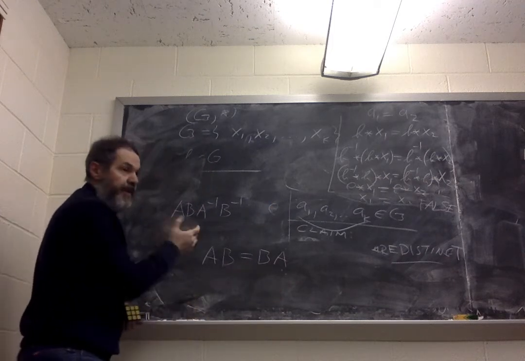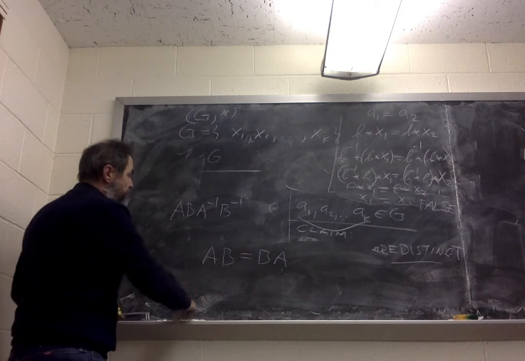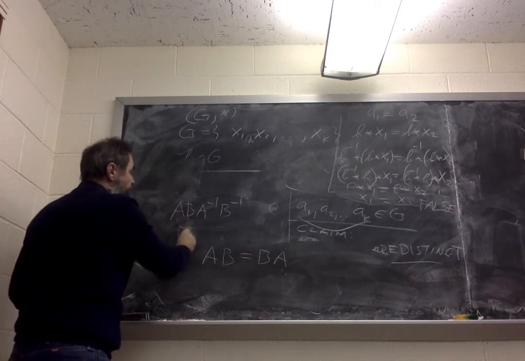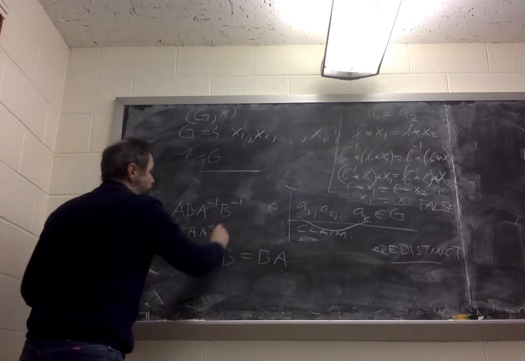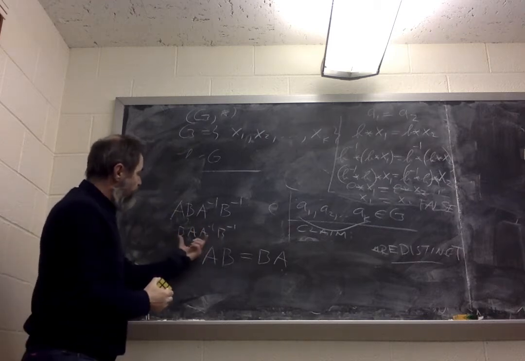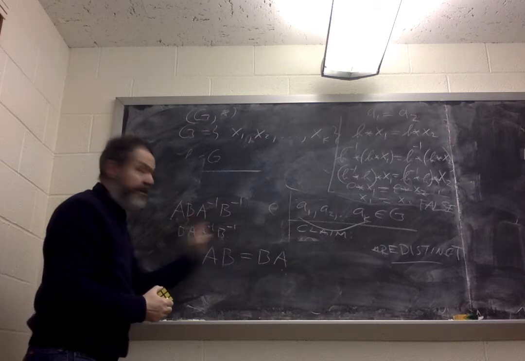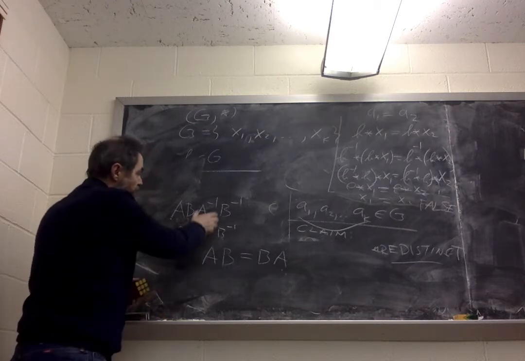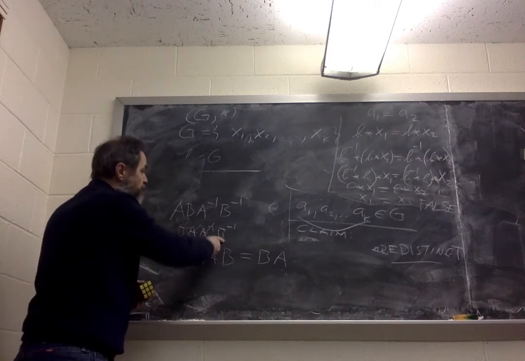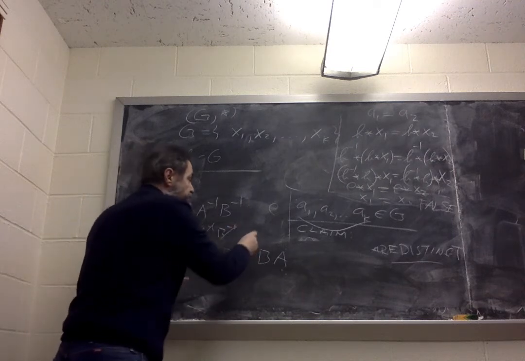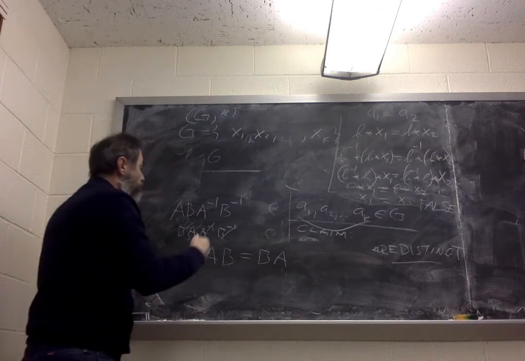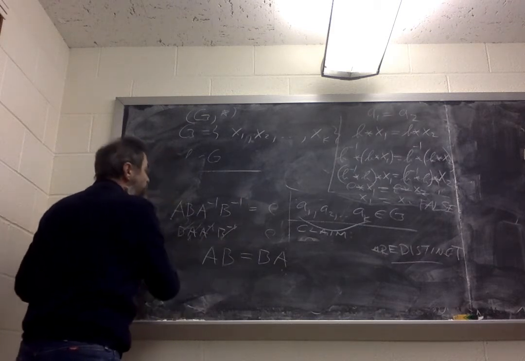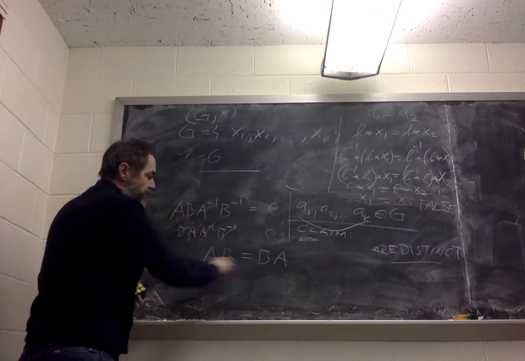If the group is abelian, A times B is the same as B times A, so you can interchange those two. Then you get B, A, A inverse, B inverse. Then A and A inverse sit next to each other, and that's why they cancel. Once they cancel, you're left with a B and a B inverse, and they cancel. It gives you the identity, denoted by E. So in other words, this is E in the group if and only if they commute.